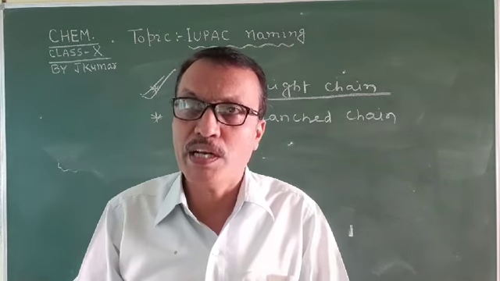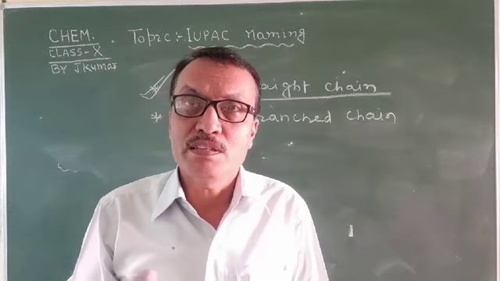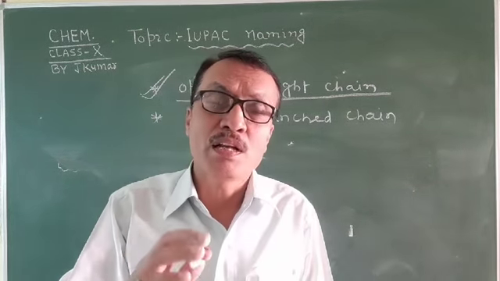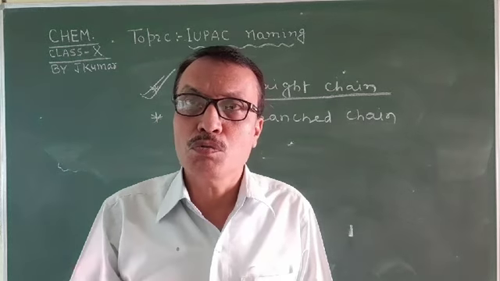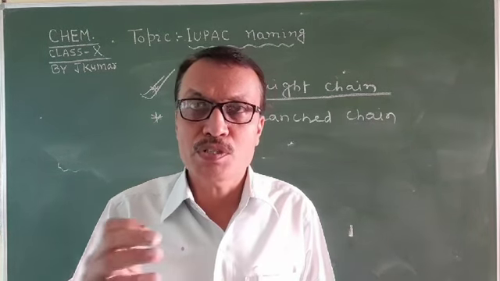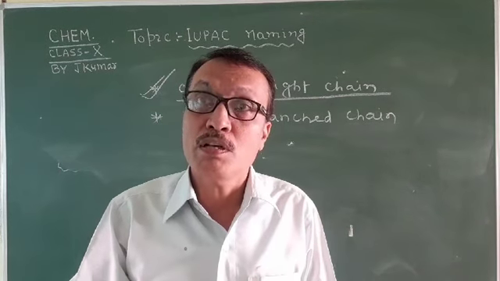For example, if there is one carbon in the chain, the root word will be meth. If there are two carbons, then root word will be eth. In case of 3 carbons, root word prop. In case of 4 carbons, root word but.